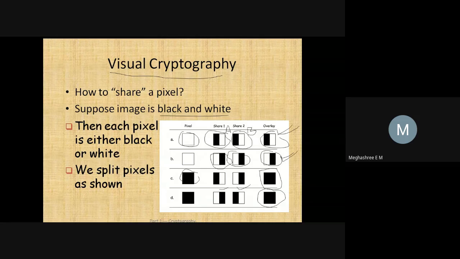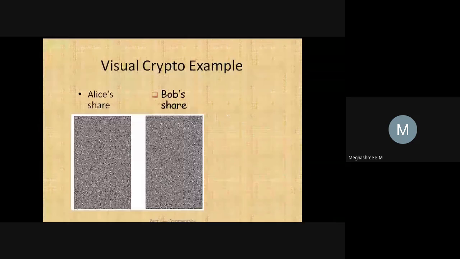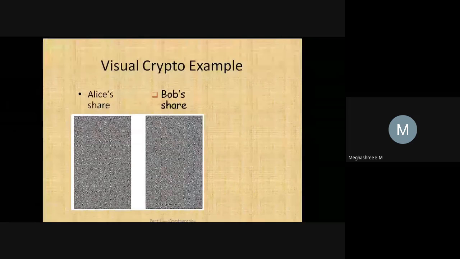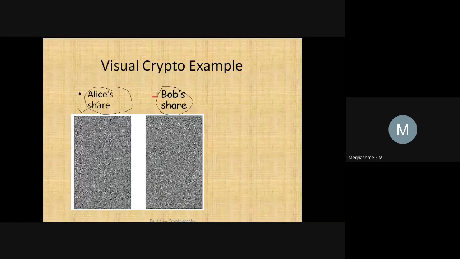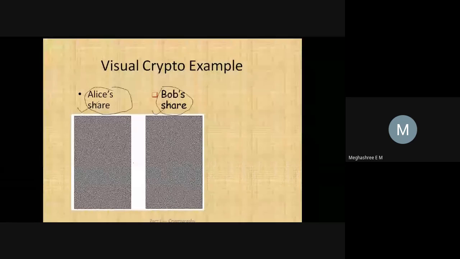Fine, so let's see this example. Let's consider this is Alice's share. There is one image that is split into one share that belongs to Alice, and the next split is with Bob, and this is Bob's share. When you overlay these two images, you will end up with the final image.